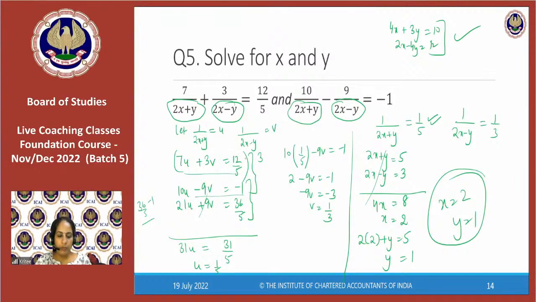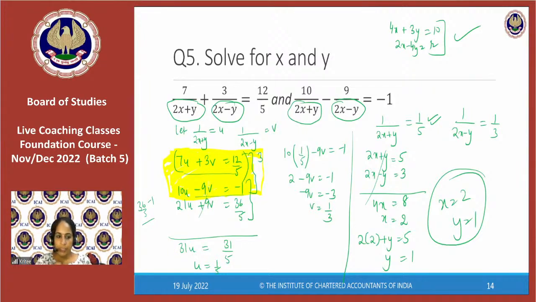Then next what we did was you can use either of the methods to solve these equations. You can use whichever method you want to solve these two equations. These are your equations, okay? So I have used elimination personally. Since this is plus 3v, this is minus 9v, I have multiplied this equation by 3 and I've got this new equation.